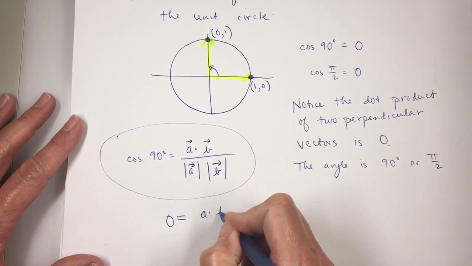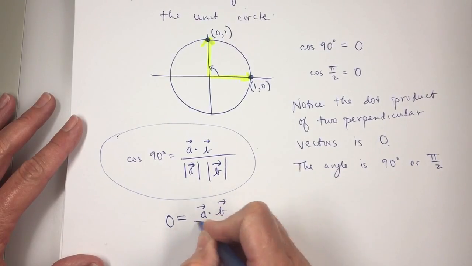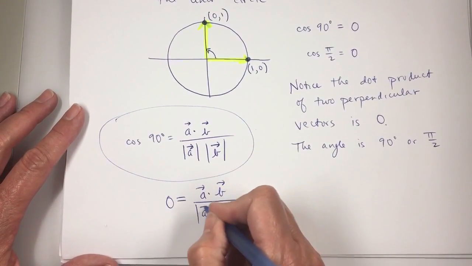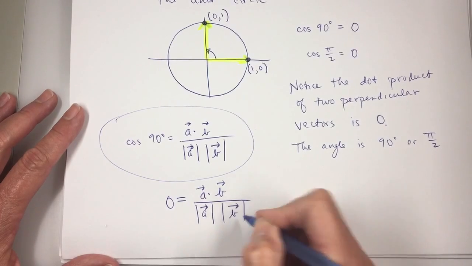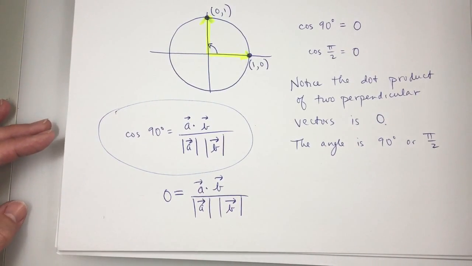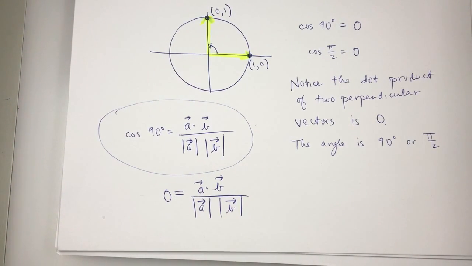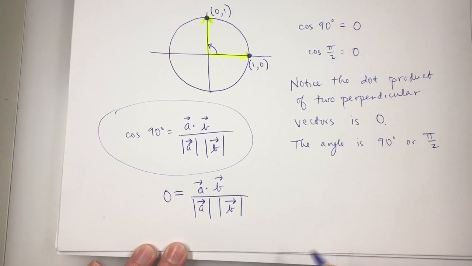So 0 is a dot b over the magnitude of a times the magnitude of b. This is assuming a and b are non-zero vectors, because if one of them's a 0 vector, I'm in trouble. I'd have 0 in the denominator. But if this is equal to 0, the numerator has to be 0, and so a dot b.